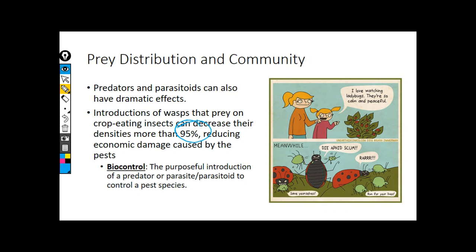You can kind of track the effect on the plants a little easier, thus on the people a little easier, and all of that. So we call this purposeful introduction biocontrol. Literally the controlling of another organism by the use of a biological mechanism.